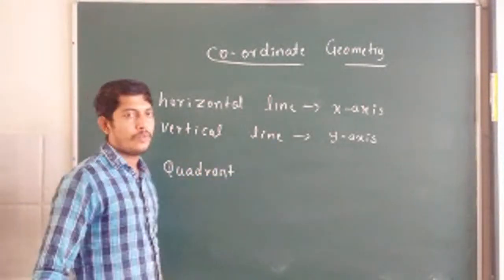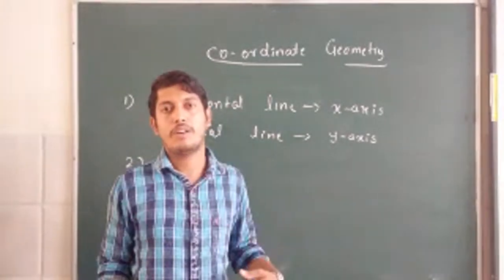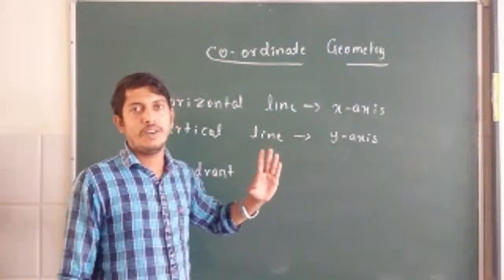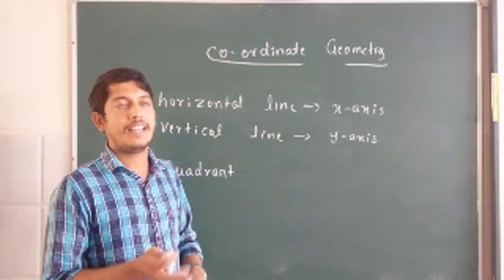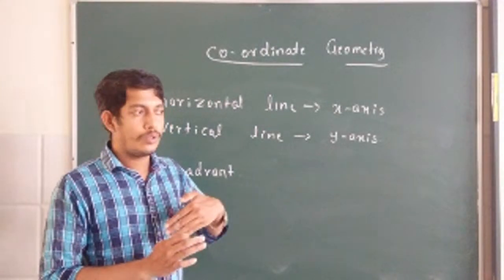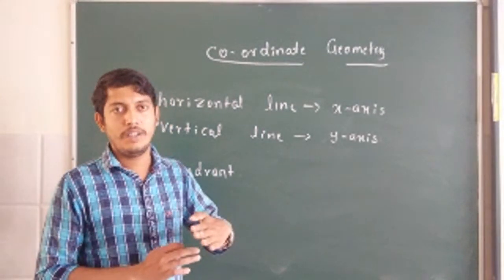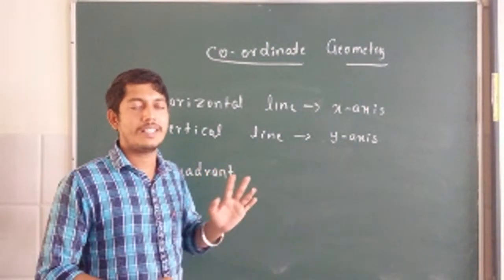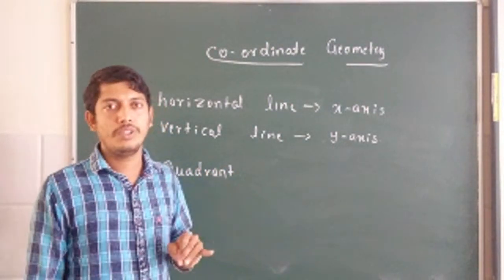Just now we learned about the first quadrant, second quadrant, third and fourth quadrant. So that is formed with the help of the x-axis and y-axis. The x-axis and y-axis intersect at a particular point, and that intersection forms four parts in that plane, and they are named first, second, third and fourth quadrant.